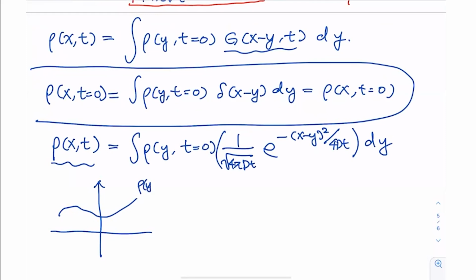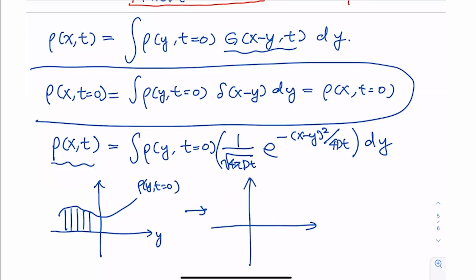What it means is, if you start with some initial condition, rho of y at t equal to 0, say this is y, initially we think of it as a bunch of delta functions. The Green's function tells us how each delta function evolves, into some other form.